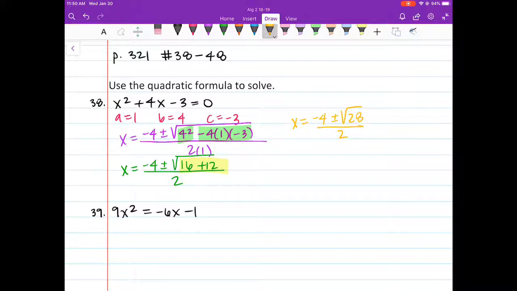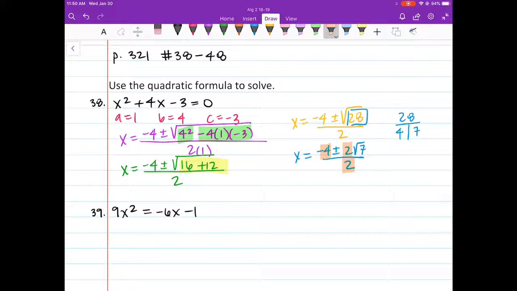Now, the square root of 28, we are able to break some of that out of jail. So our factors of 28 include 4 and 7. 4 is a perfect square, so I break down radical 28 into negative 4 plus or minus 2 root 7 all over 2. Now, notice from all of these terms, I have a 4, a 2, and a 2.